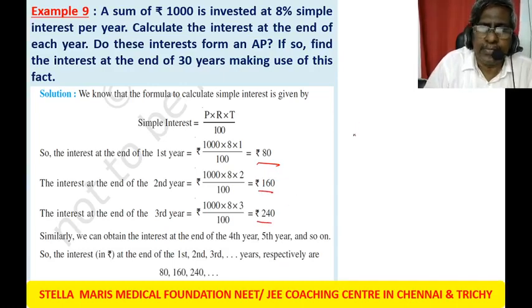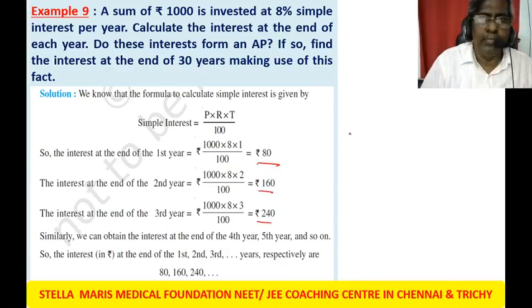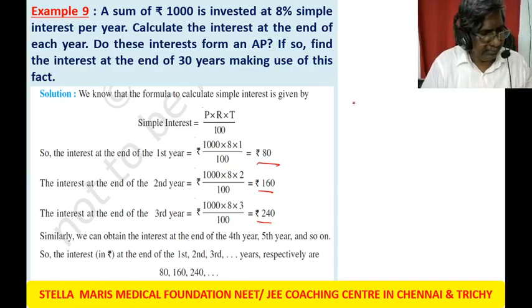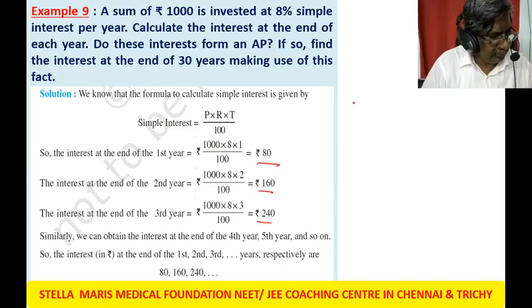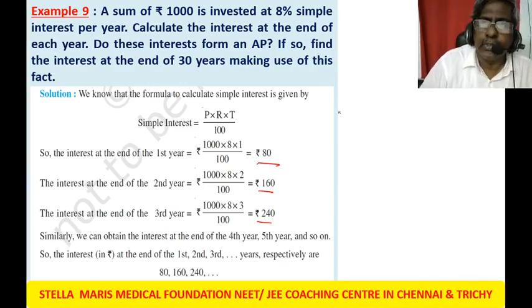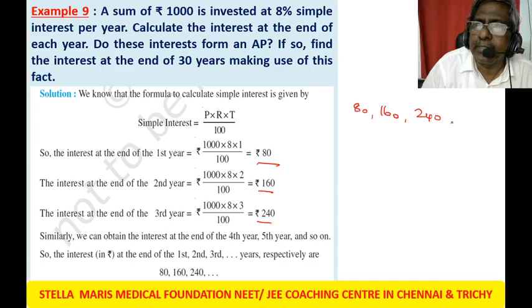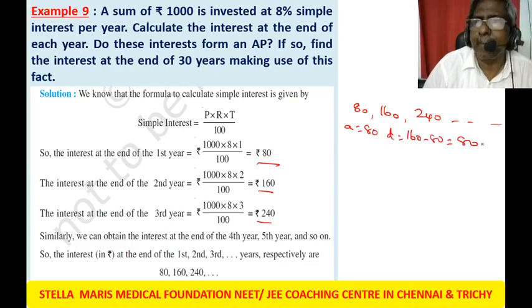So here, at the end of 30 years, they want the interest. This forms an AP, the interest forms an AP. Here A is equal to 80, and D is equal to 160 minus 80, which is equal to 80.